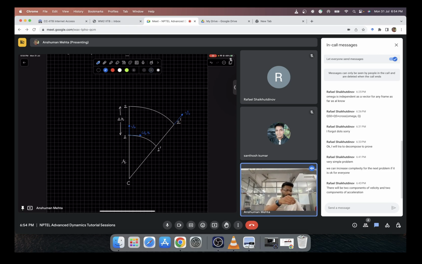Again, it will be moving with V0, but here it will be tangential to this, and this will be omega naught r plus delta r.